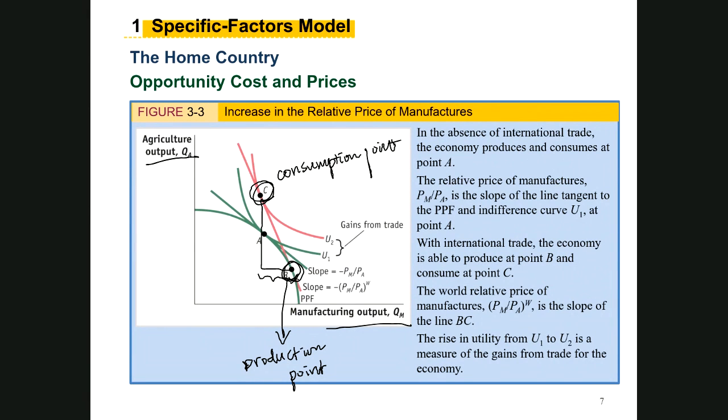And he is going to import the agricultural output. Why? It's because he consumes more agricultural output than he actually produces. Right? So you see a triangle here? You see a trade triangle. Import agriculture goods. Export manufactured goods.